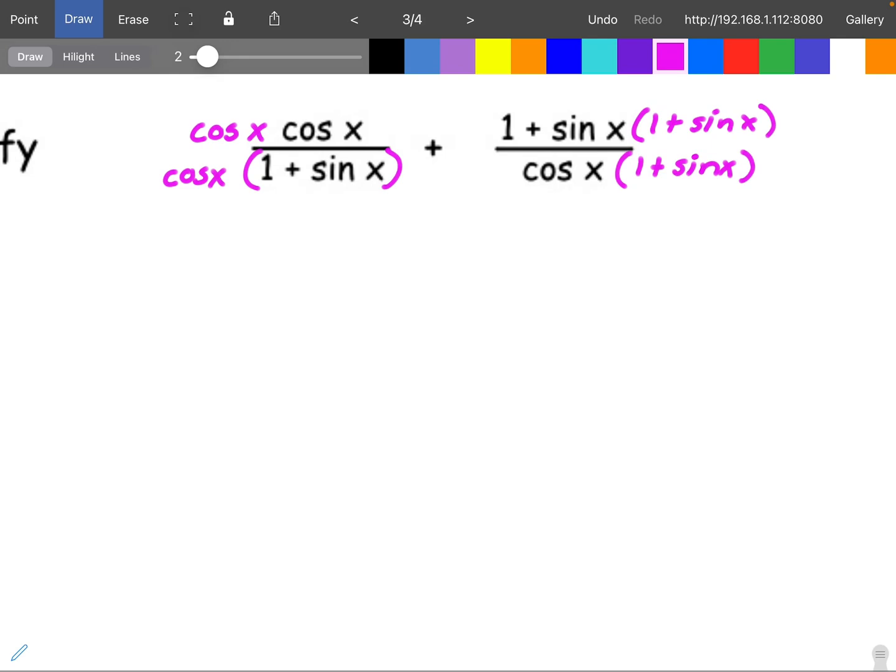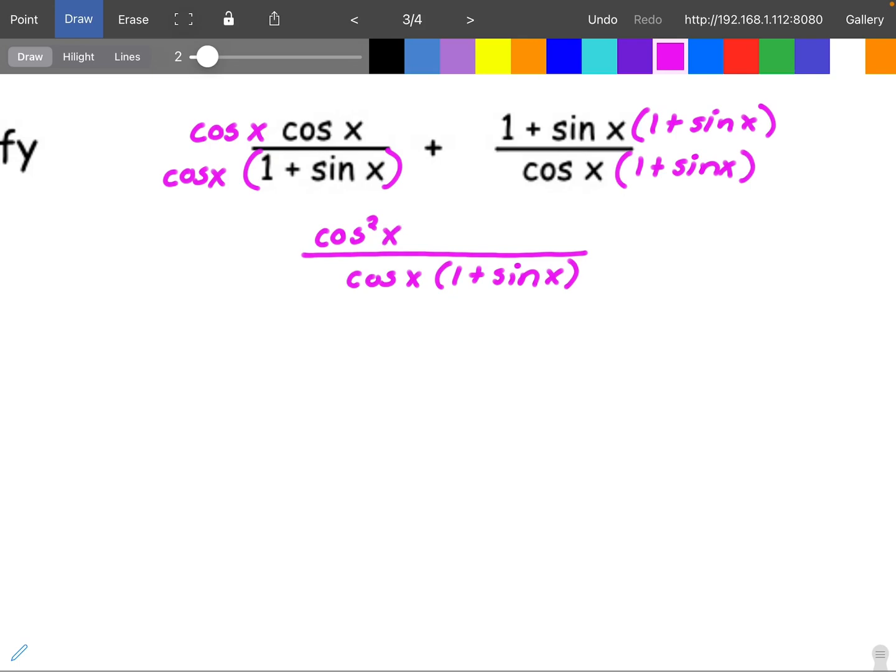Okay, so now that I have the exact same denominator, I can go ahead and combine these. So I'm going to have one single fraction with that common denominator. Now we're going to look at what can we do with the numerators. Well, in the first fraction, I have cosine x times cosine x, so that becomes cosine squared x.